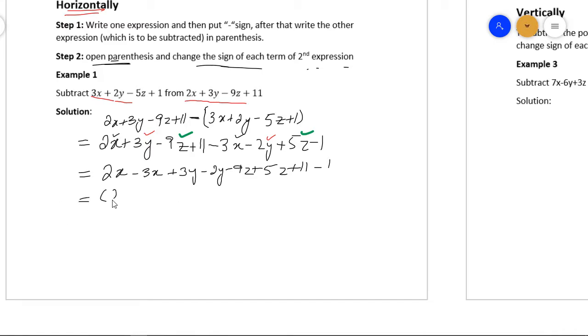Now add the coefficients: (2 minus 3)x plus (3 minus 2)y plus (minus 9 plus 5)z plus 11 minus 1. 2 minus 3 is minus 1.